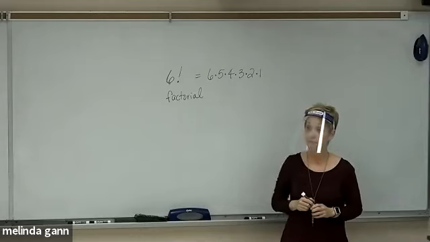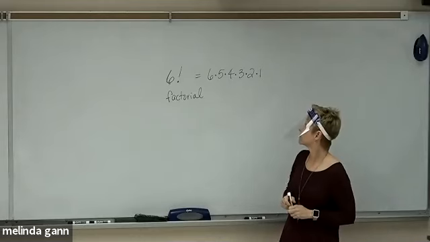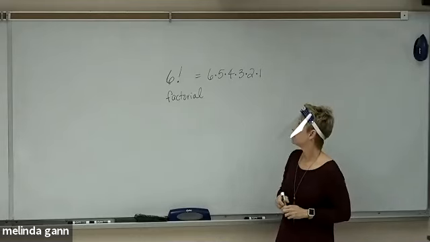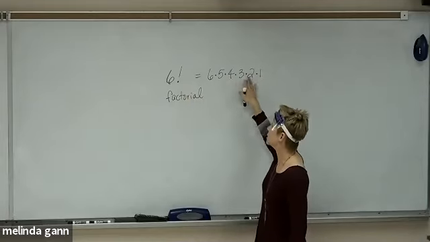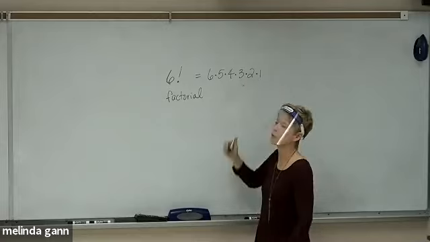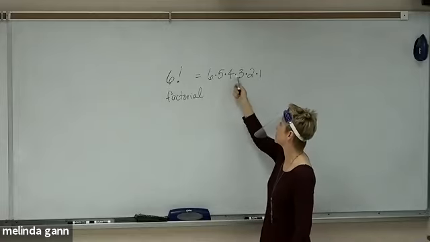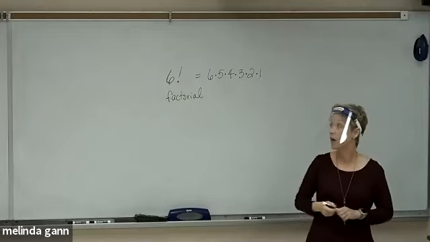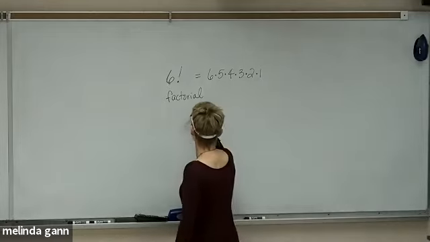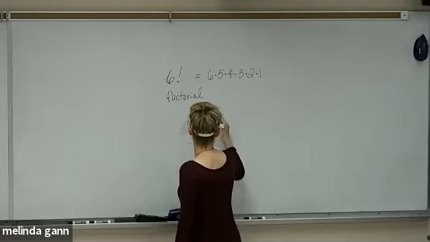Jared asks, why would you stop at 1 this time but continue at 0 with the other ones? Because this is just a notation. This is not how many things you can do. 6 factorial is a weird way of writing 6 times 5 times 4 times 3 times 2 times 1. Good question. Now, here's your formula for permutations in your book.